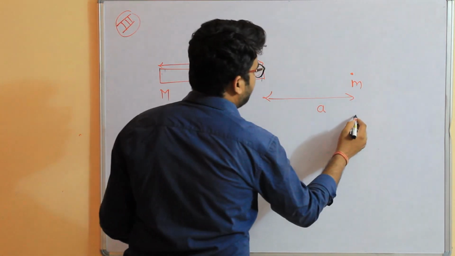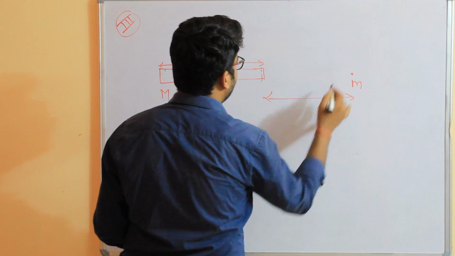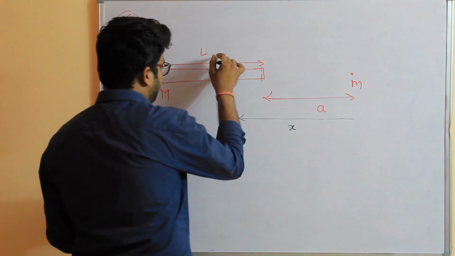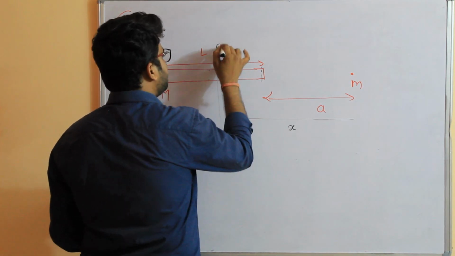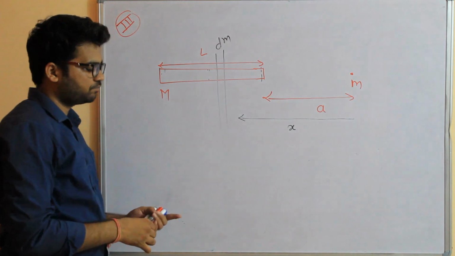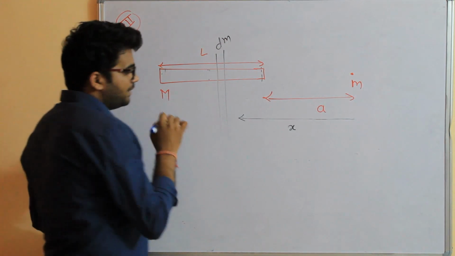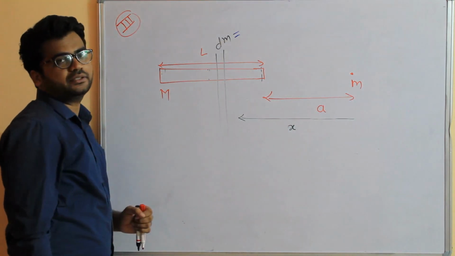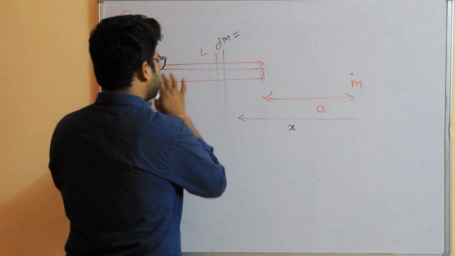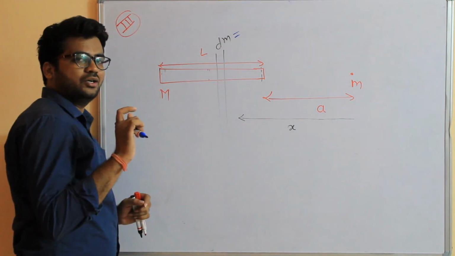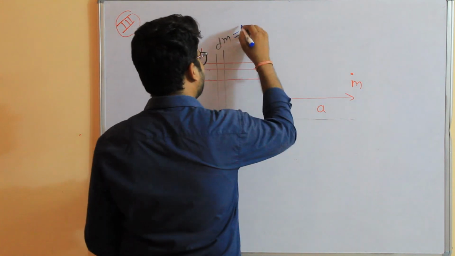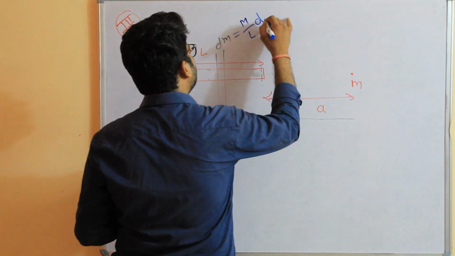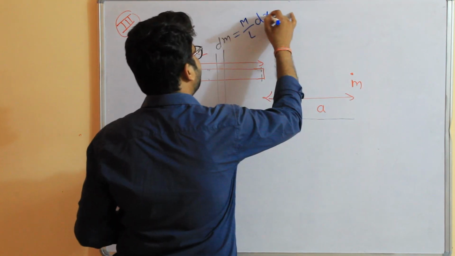We go from this small m at a distance of x, and we have to consider a very small element dm, right? Now this dm is equal to, this extended object has a constant linear density, so dm is equal to mass by length into the small element dx, right?